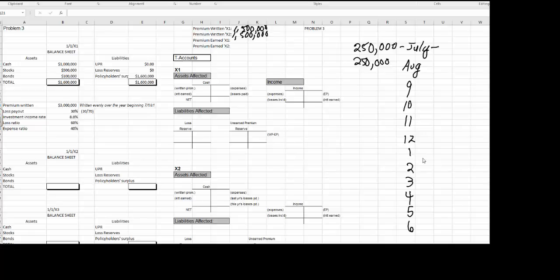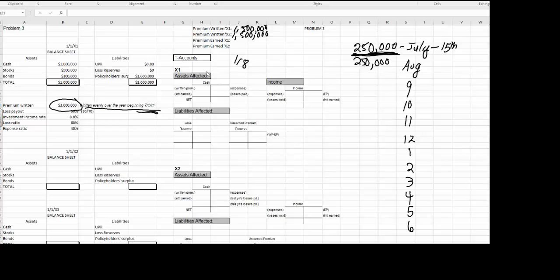But if we assume for simplicity that the entire 250,000 is written on July 15th, or in the middle of the month, then we can come up with a fraction or percentage of this written premium that earns by the end of the year. As it turns out, and this is where I'm skipping over a lot of steps, when we have premium written evenly over the year beginning 7/1x1, the fraction of the total written premium of 3 million that earns by the end of the first year is 1/8.